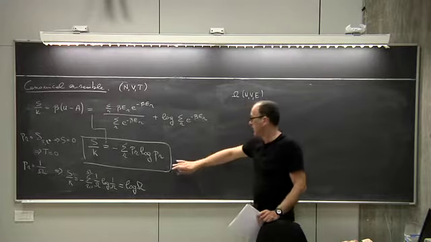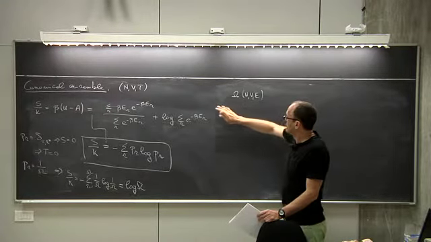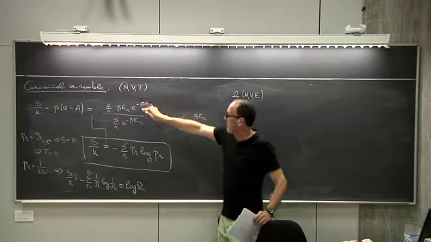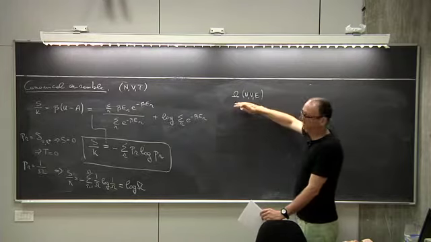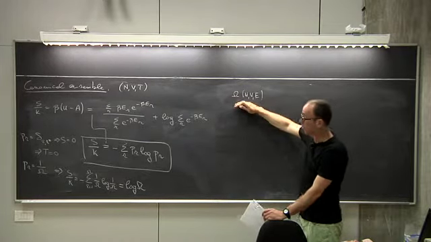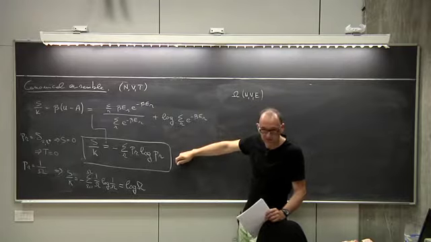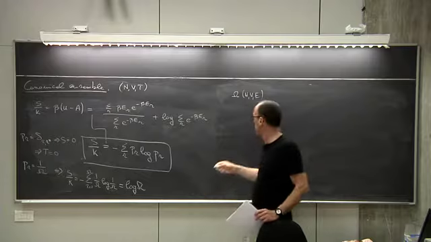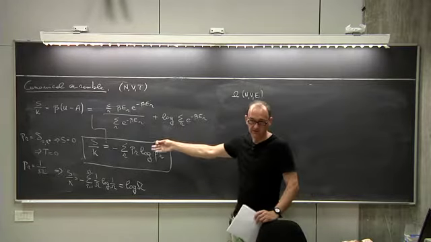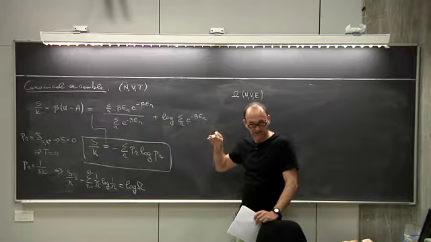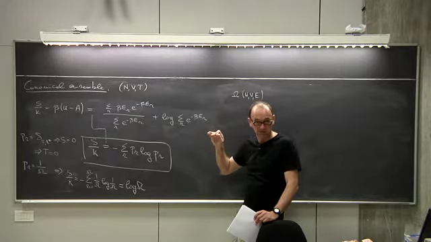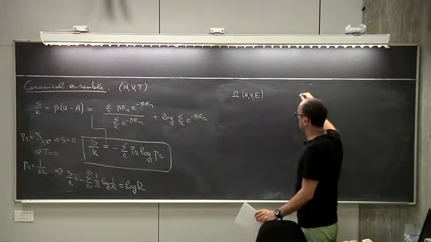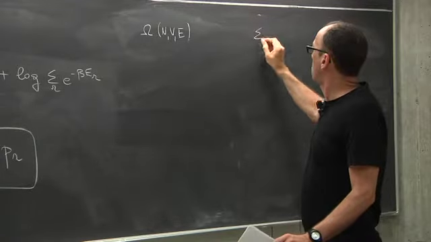Okay. If you instead want a description like this, where you fix the number of particles, the volume, and the temperature, then you want to maximize the number of possible states. So you want to maximize the entropy, sorry, conditioned on the fact that the average energy is fixed. That you don't have exactly all the states have the same energy, but that the average energy is fixed.